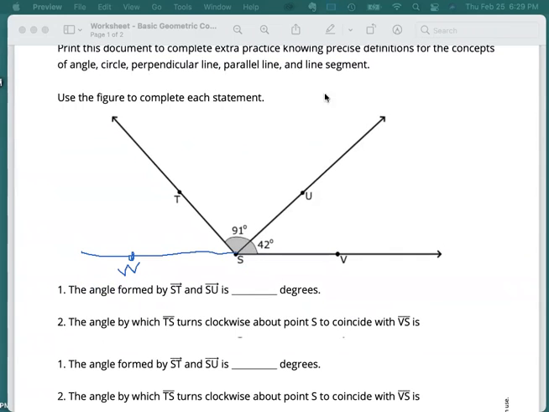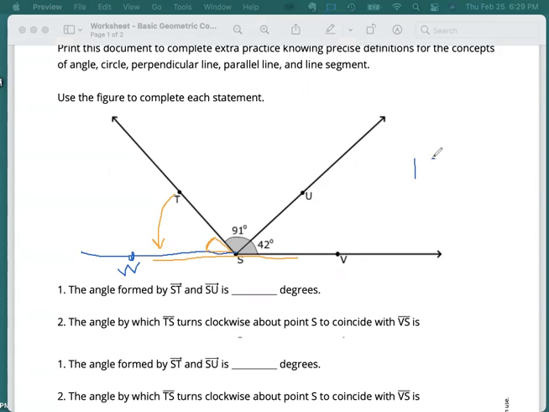So now we're going to turn TS counterclockwise to the left to meet up with this one. So what is this angle in here? That is what we were looking for, this angle in here. We know that a straight line is 180 degrees. So we could say 180 minus, I think it was 133 for the other angle would give us our answer.